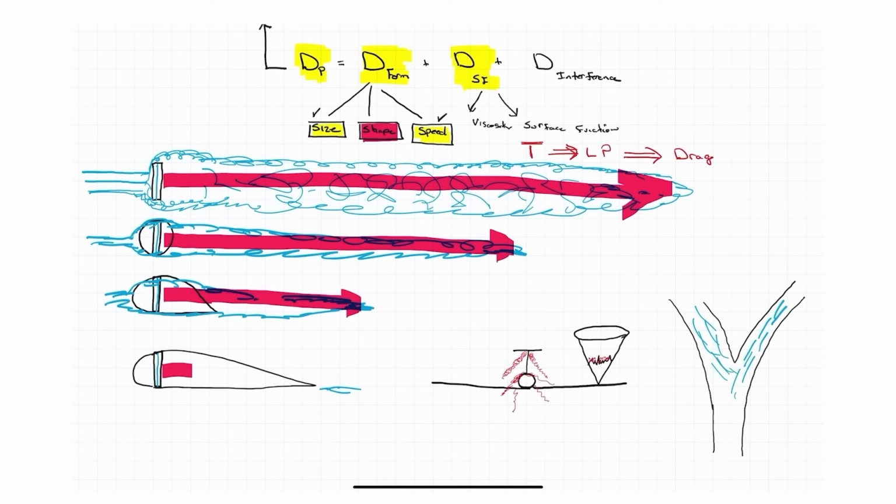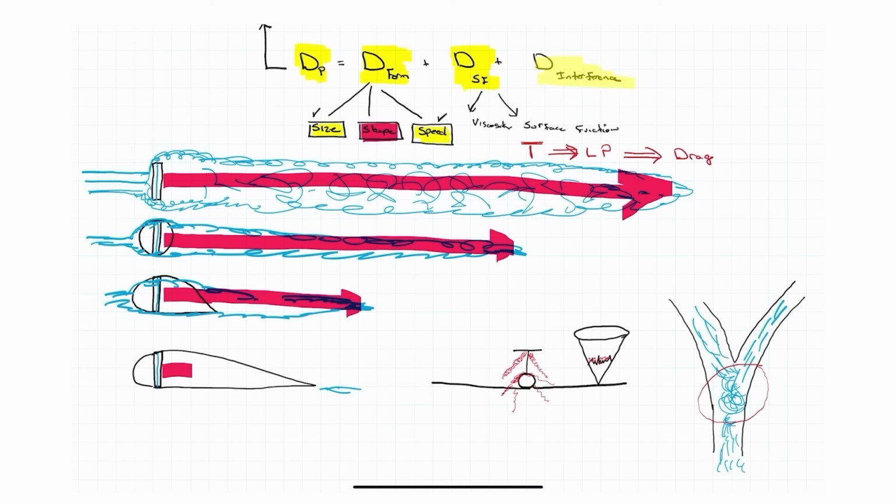Then we can intuitively see that water is going to create turbulence, and then it's going to take a while to straighten out. Maybe after a while it straightens out again. Well, it's that spot that we're talking about. It's that location right there where airflows come together that gives us this interference drag.